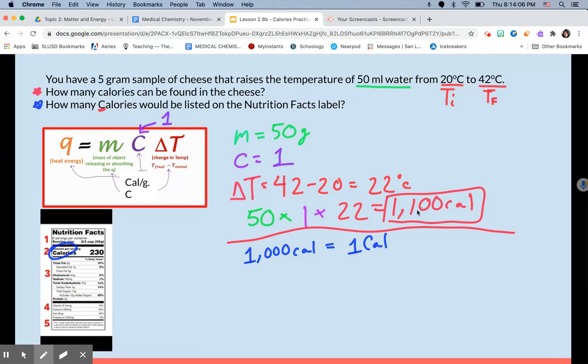So if this were to be written on the nutrition facts, what would it say? Well, we know that we have a total of 1,100 lowercase c calories.